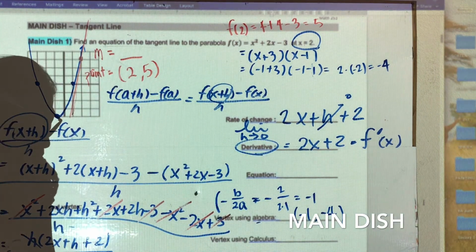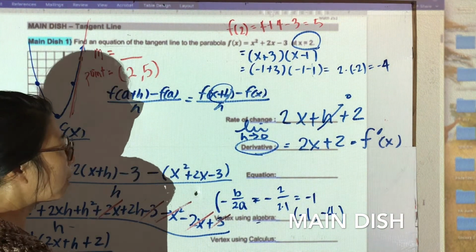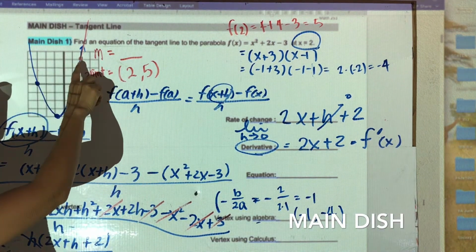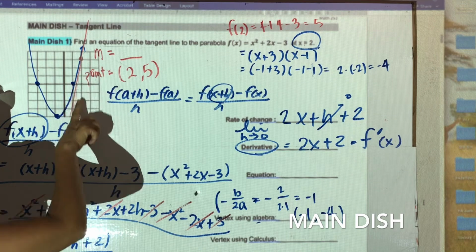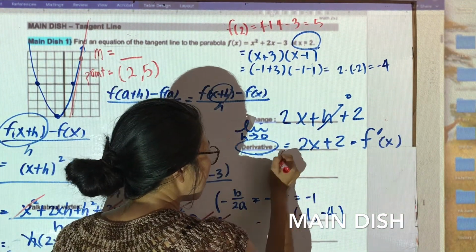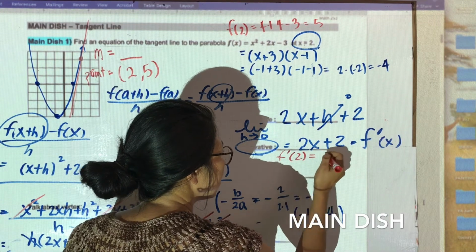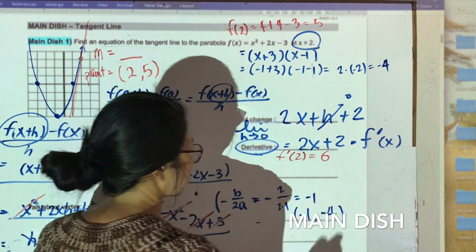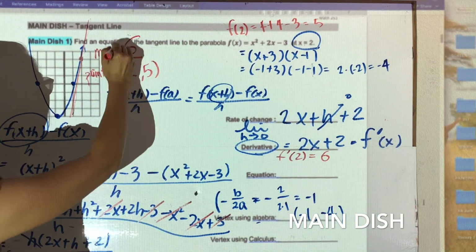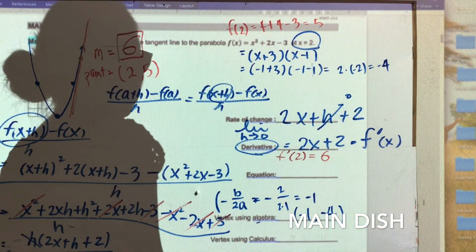Since I found the derivative function, I found the slope function. By plugging in 2, although my graph is off, what do you get? f prime of 2 gives me 6. So I found my slope is 6.